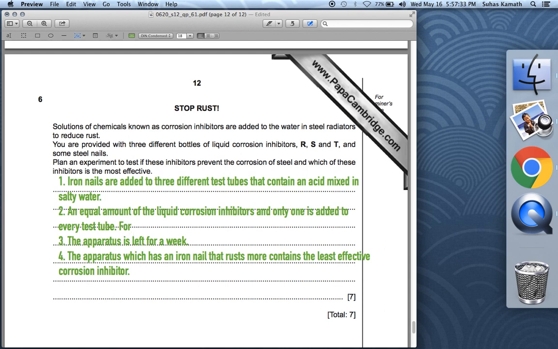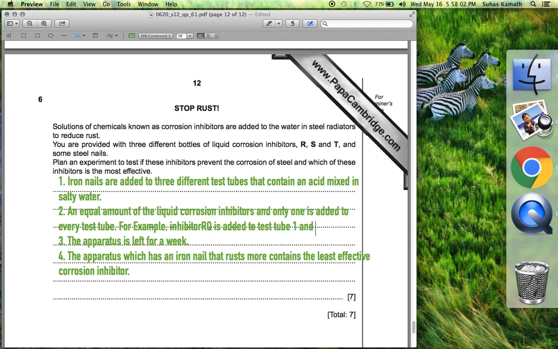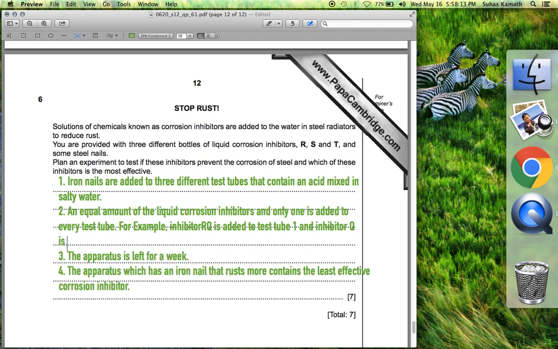For example, inhibitor Q is added to test tube 1, and there's no Q there, R only, and inhibitor Q is added to test tube 2. There's no R, and we can say that as S.